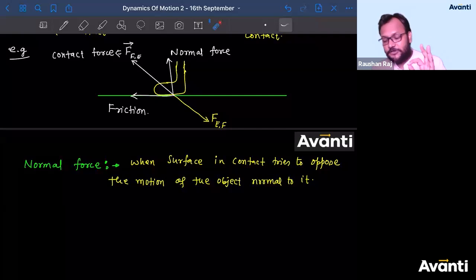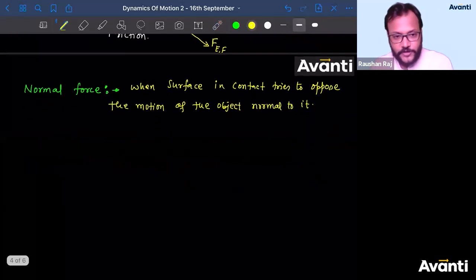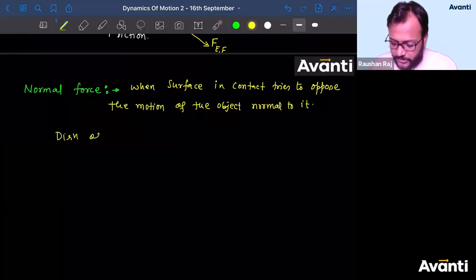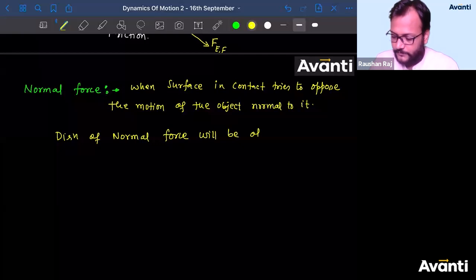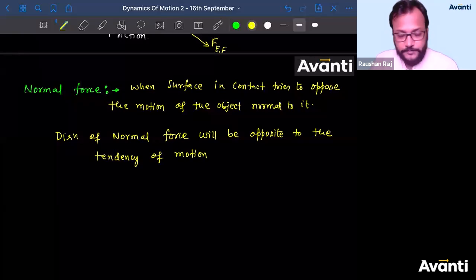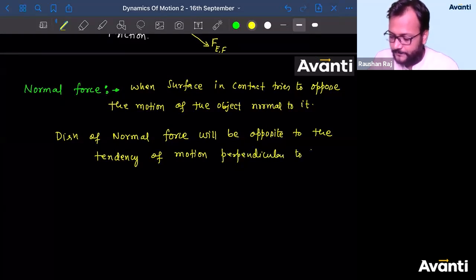So what will be the direction of normal force every time? Bolo bacha. What will be the direction of normal force every time? Can I say that direction of normal force will be opposite to the tendency of motion, perpendicular to the surface in contact.